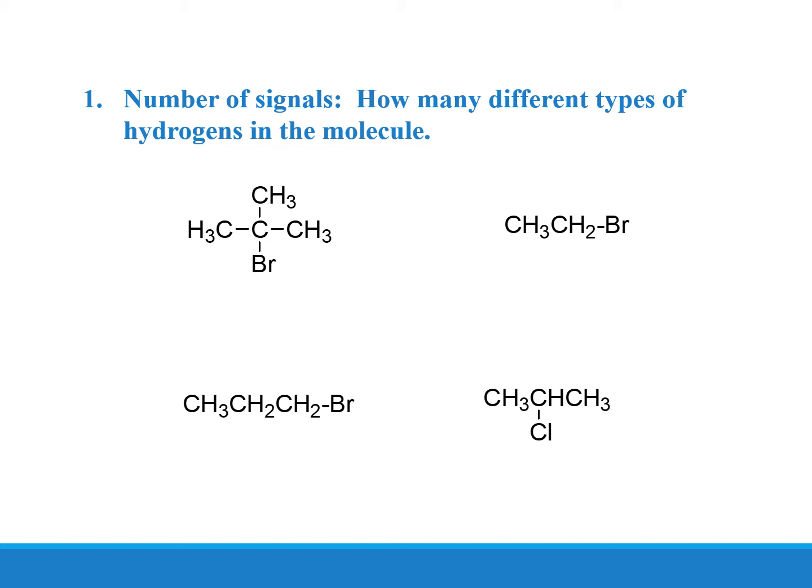You can relate that to shielding and deshielding, because the farther the carbon atom is from the electronegative element, the more shielded it will be. So simply, for ethyl bromide we will have two peaks appearing in the proton NMR.